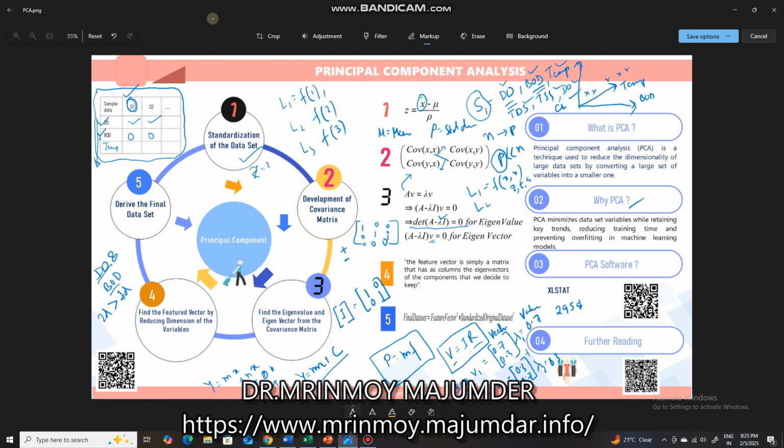Lambda 1 is the eigenvalue of one dimension, lambda 2 is the eigenvalue of the other. Adding both, 0.7 plus 0.3 is 1. Dividing 0.7 by 1.0 gives 70%, and dividing 0.3 by 1.0 gives 30%. So more information is stored in BOD compared to DO.